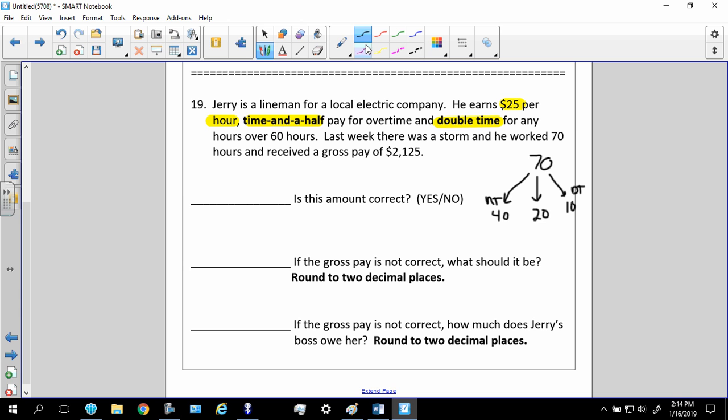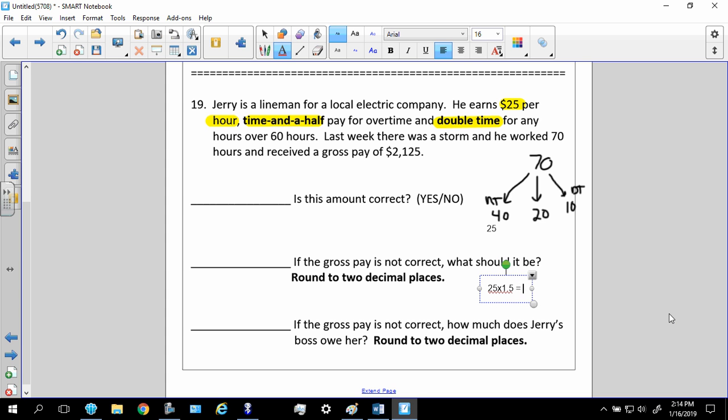All right, so regular time, he gets paid 25 bucks an hour. Now for overtime, that's going to be 1.5. So that'll be 25 times 1.5.